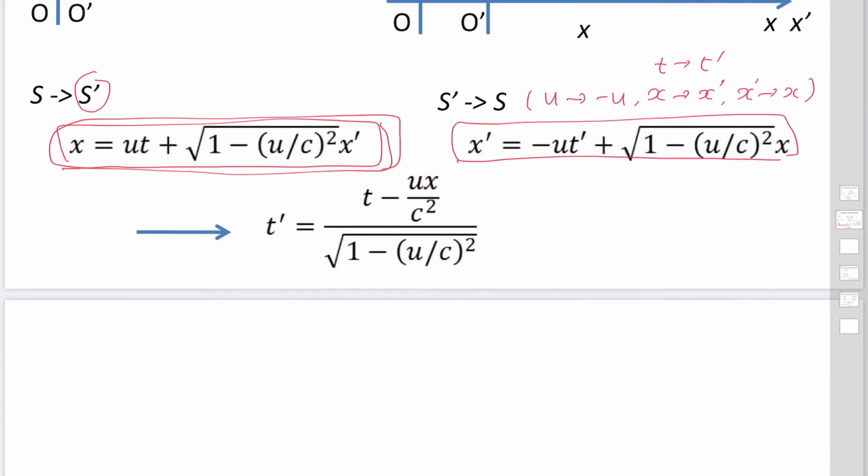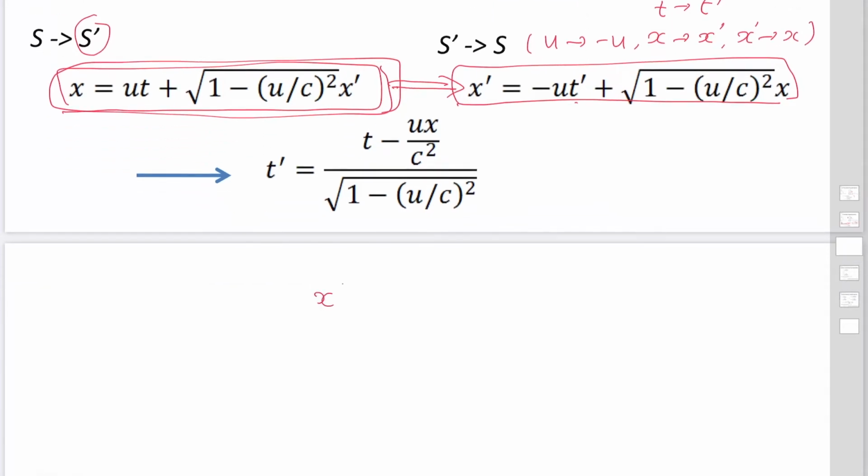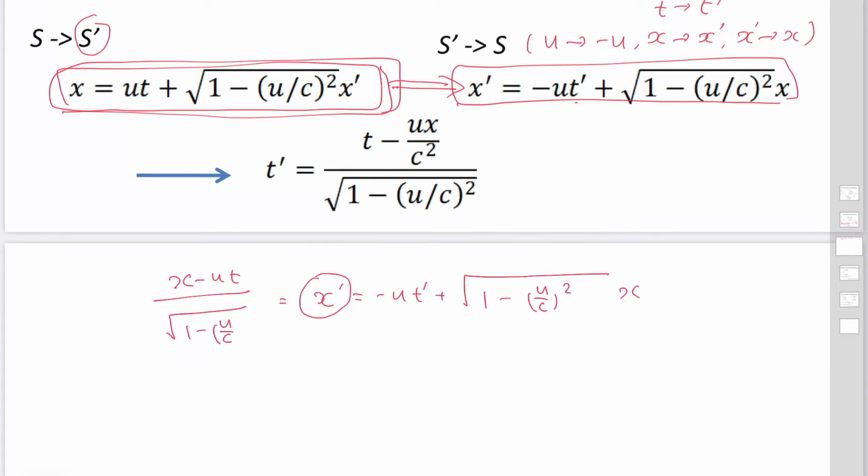From these equations, you can substitute this one. So we start with x prime equals minus ut prime plus square root of 1 minus u over c squared times x. So x prime is equal to x minus ut over square root of 1 minus u over c squared.